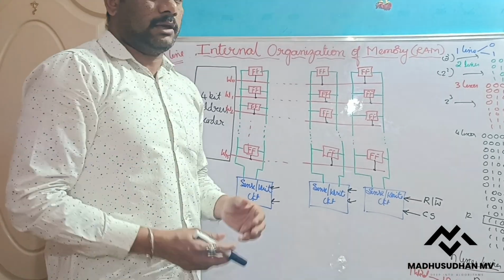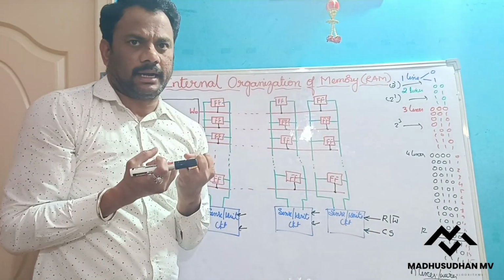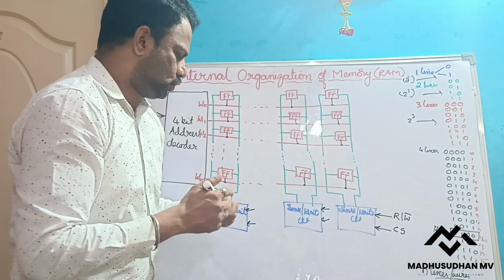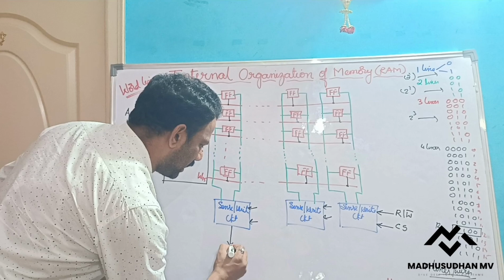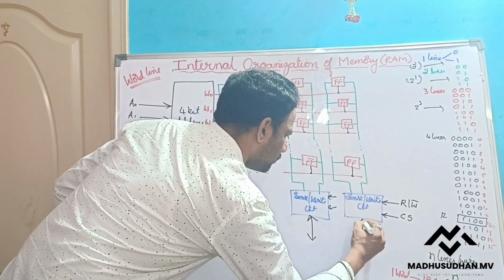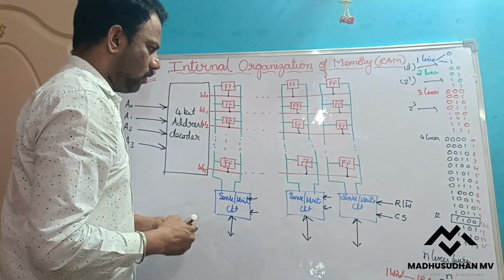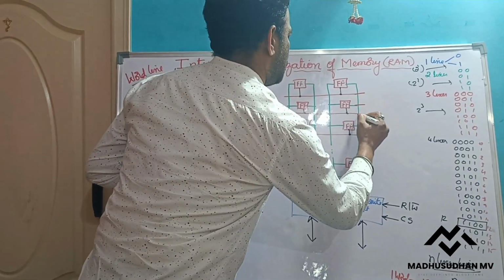Now see, either I am taking the data from these flip-flops or I am giving the data, so these lines are bidirectional. I will write that here: bidirectional. Now I will simply extend this line.